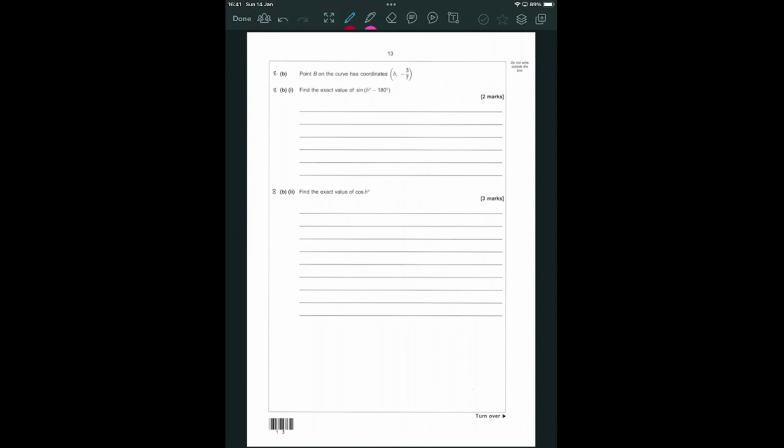Point B. Oh, now they're being sneaky with it. Okay, so find the exact value of sine of B minus 180. Again, I'm thinking there are multiple ways to do this question. The first thing that we know is sine of B is equal to negative 7 over 3.